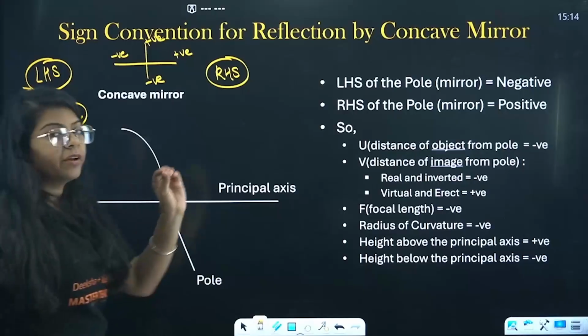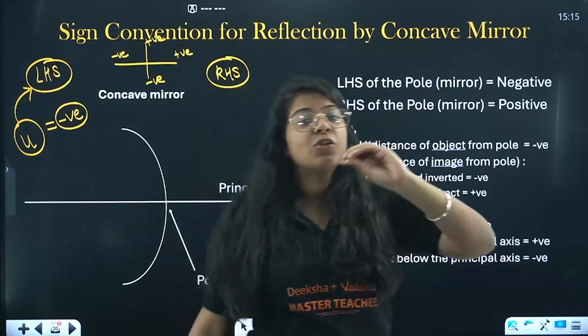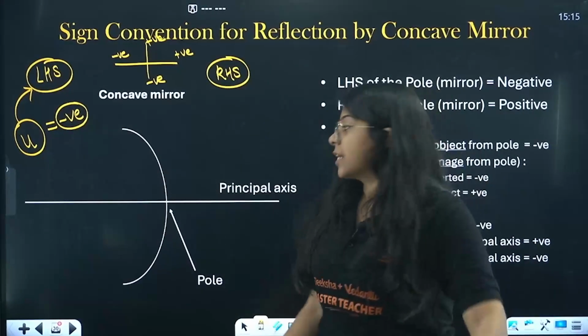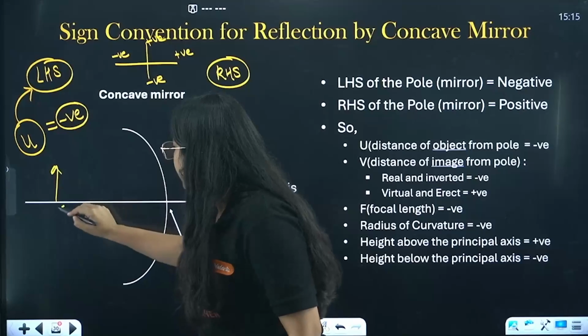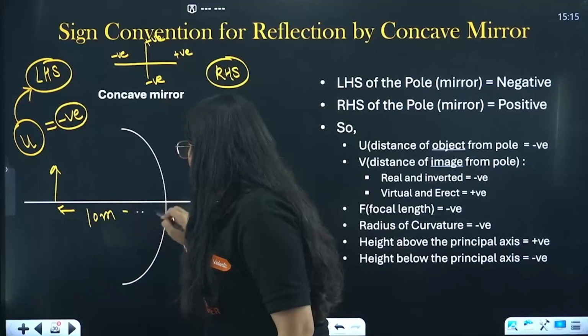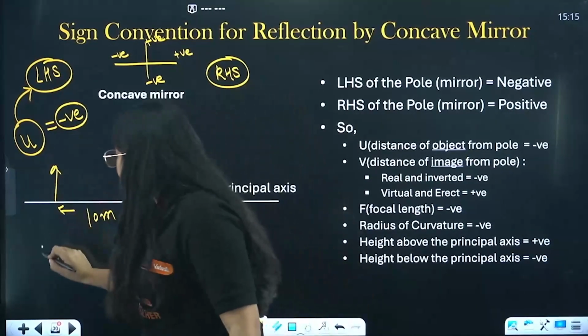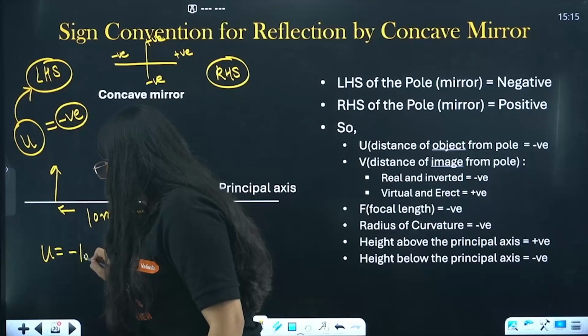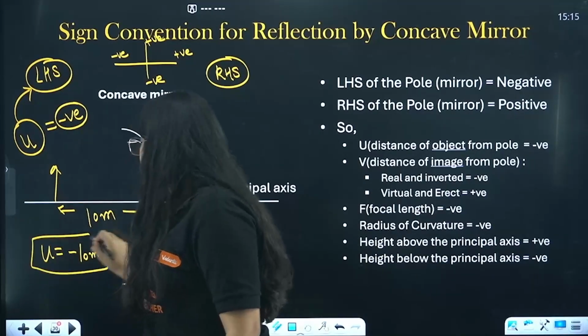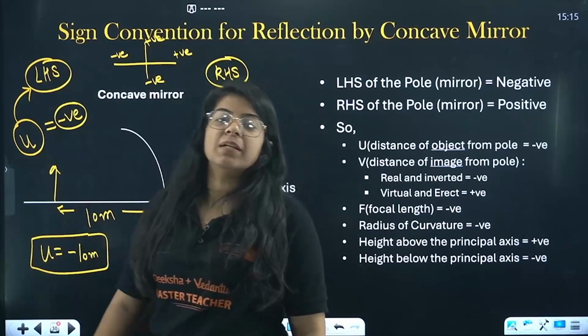So u will always have a negative sign. U is your object distance. Let's say my object is here and I say it is 10 meter from this mirror. So this u will be what? It will be minus 10 meters.